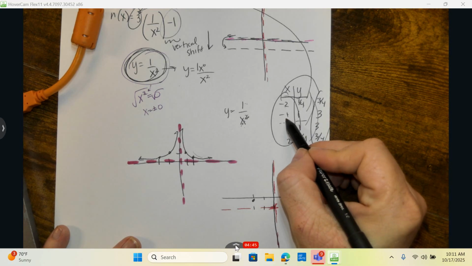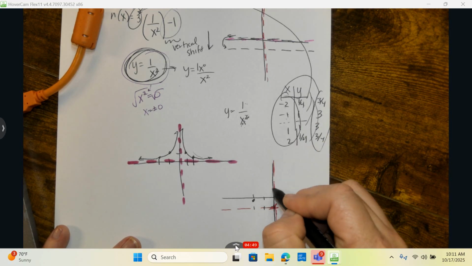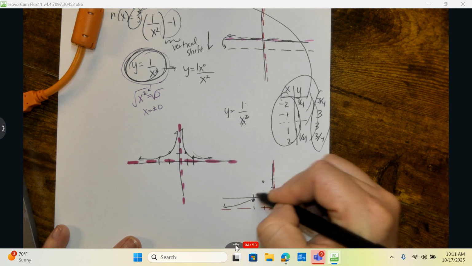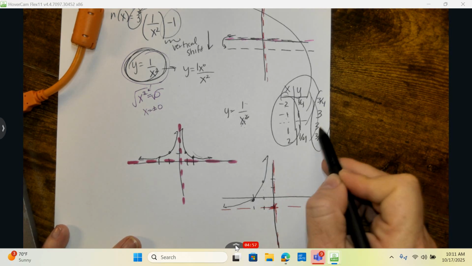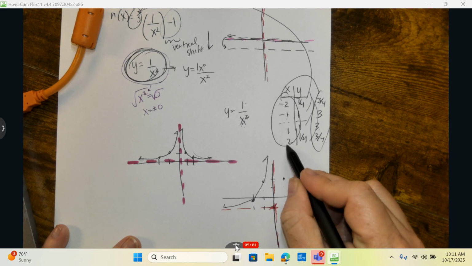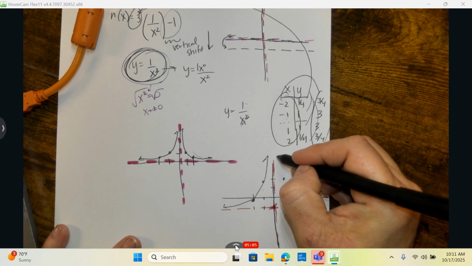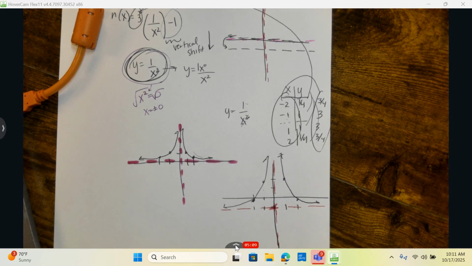I'm going to go over 1 from my origin and up 3. Over 1, up 3. 1, 2, 3. And now we're going to go 1 to the right of my new origin and up 3. 1, 2, 3. And 2 to the right of my new origin, and up 3/4. And this is the translated function.